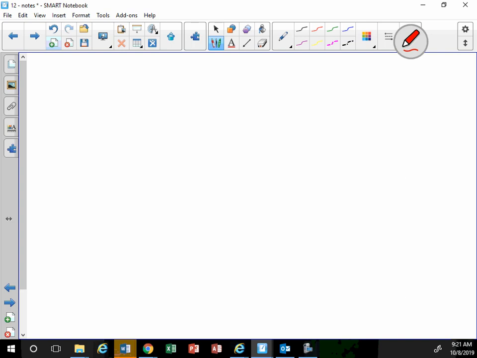Okay, draw yourselves a haunted castle. I'll give you a few minutes here to draw. Draw a haunted castle. Like, what in the world does this have to do with math? Okay, we'll get there.